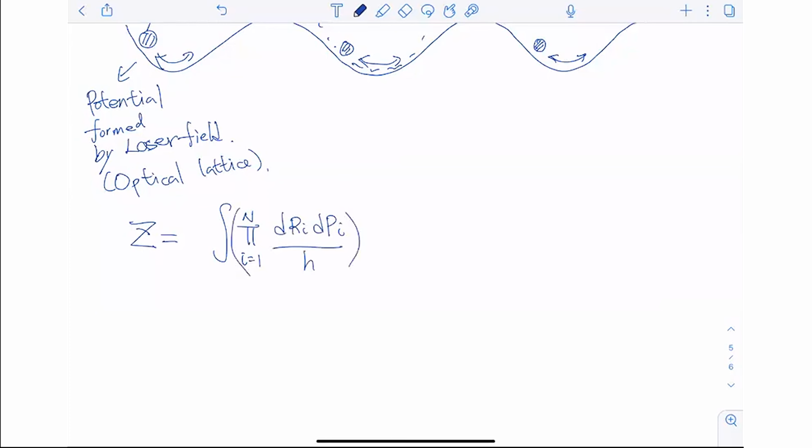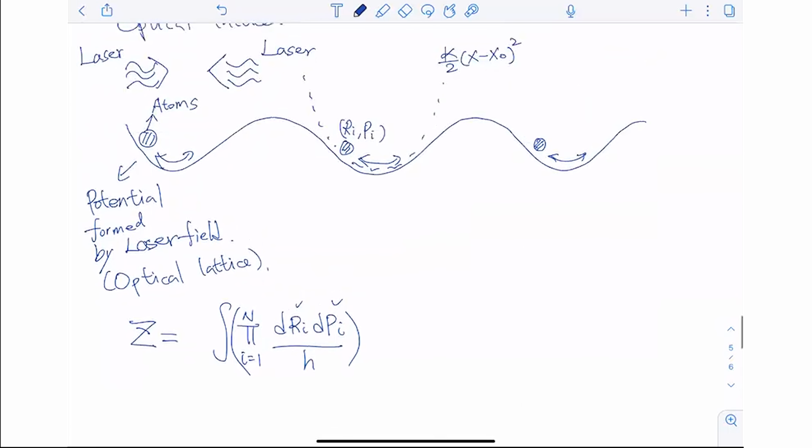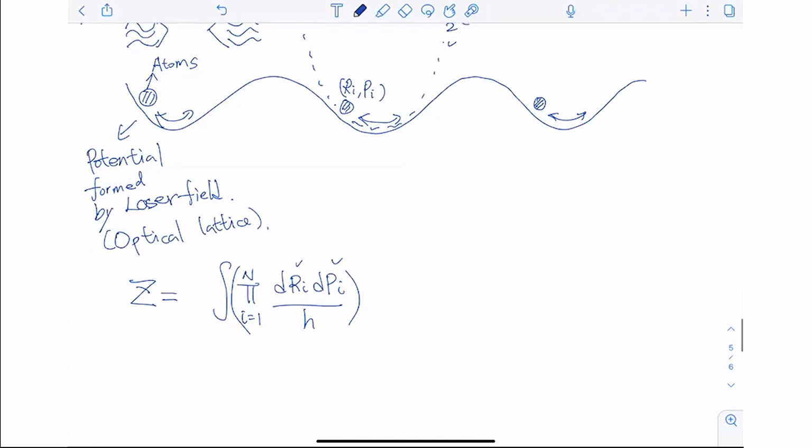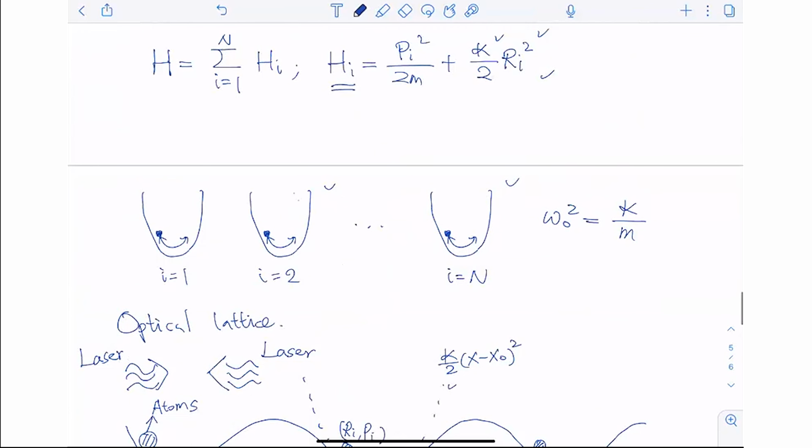Basically, we integrate over the possible microscopic configurations, because the degrees of freedom that we are identifying are the position and momentum of these individual atoms. And because we approximate the potential energy as some kind of quadratic potential, the total energy is basically described by the harmonic oscillator Hamiltonian.